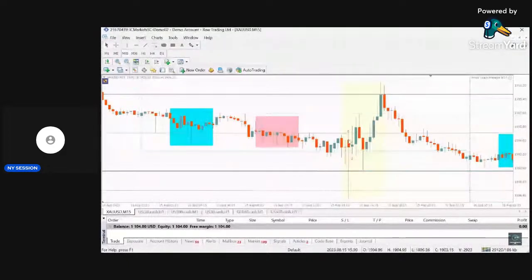This could have been an inducement, but again, looking at what happened before the session, the high of the day was here, so we had 1, 2, 3 levels of drop, had a 50 pip stop hunt in this week here, and then price went right back up.